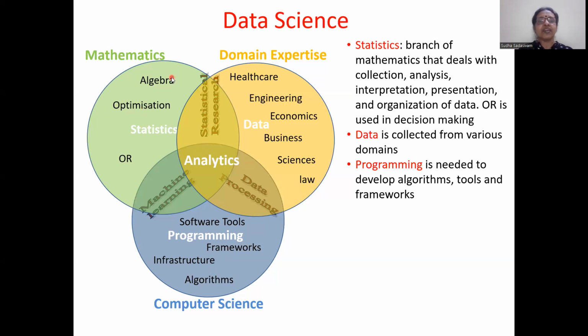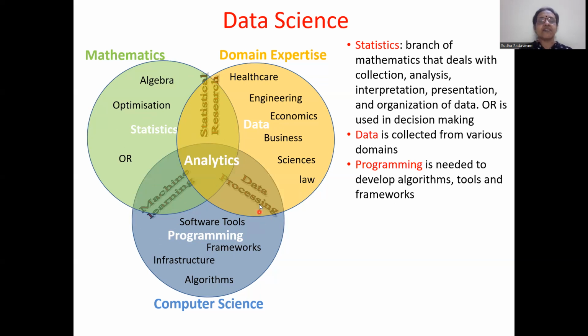When we manually make use of mathematical techniques to analyze the data, it becomes statistical research. When we make use of algorithms and other infrastructure and make use of optimization from the field of mathematics to analyze the data, machine learning is used.